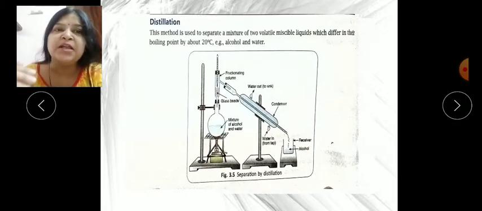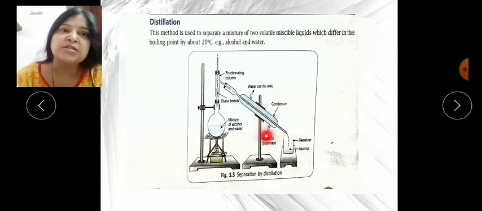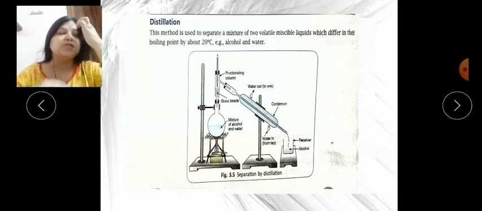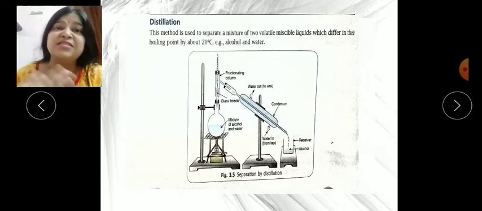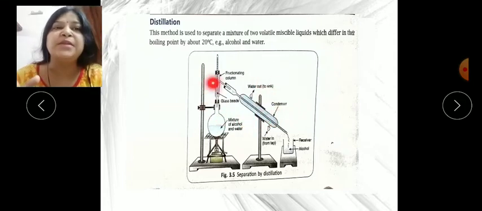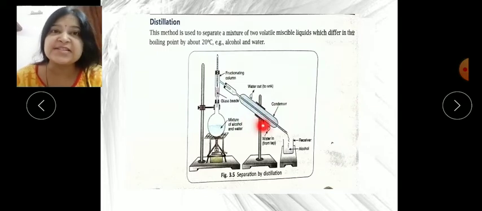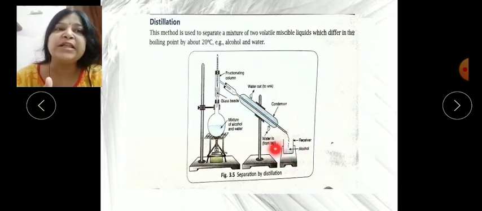Otherwise it would get heat, this surface would become warm, and the condensation process would not be carried out. So we need to supply a jet of water into the condenser, so that the vapor coming from this retort cools down after striking the cooler surface and converts back into liquid alcohol.